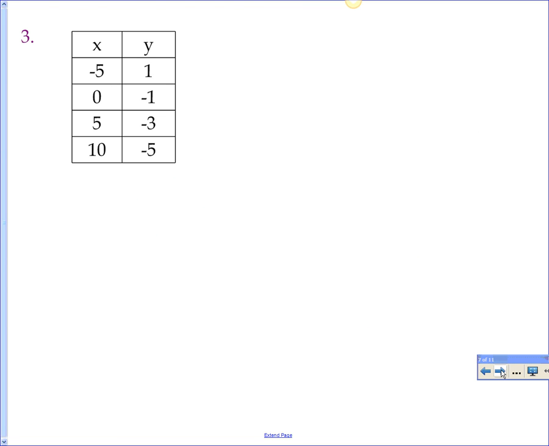All right, let's do another one of these. I encourage you to pause the video and try this one on your own and then see if you get the correct answer. All right, remember, find your slope. You need 2 points. So 1 minus negative 1, those are my y's. 1 minus negative 1.